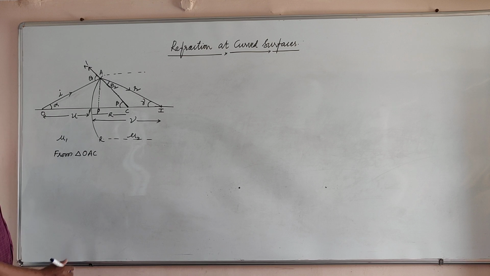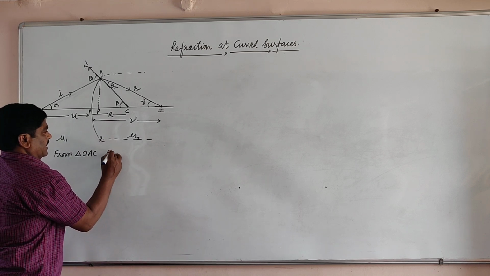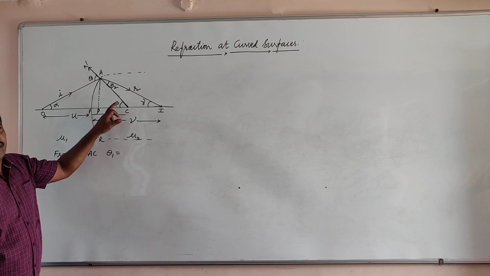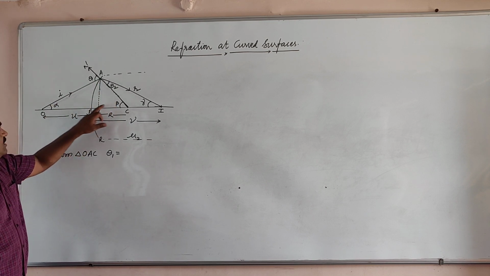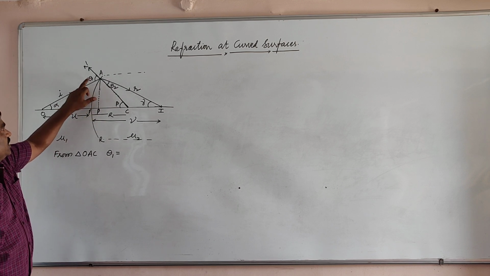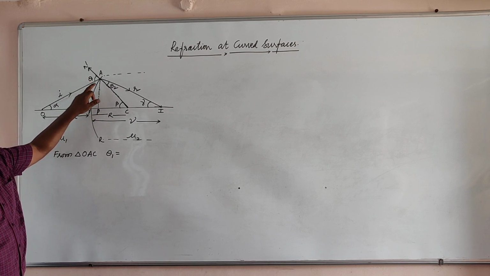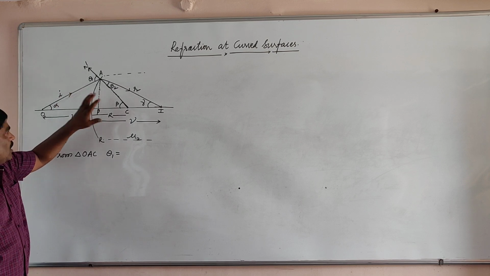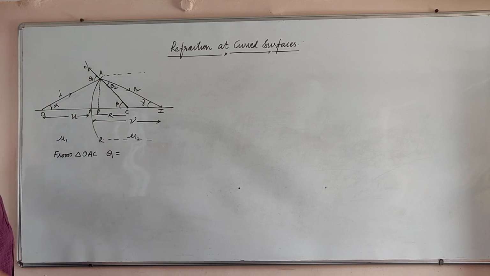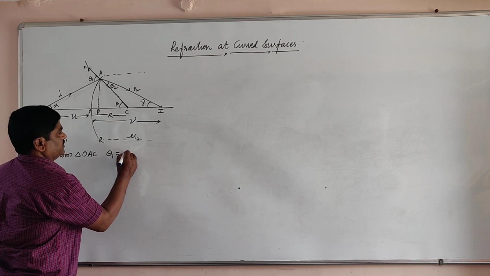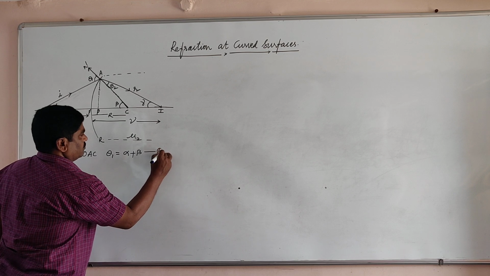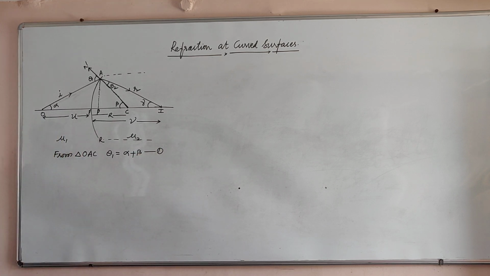Therefore the external angle theta 1 is equal to the sum of the two interior opposite angles, because the sum of the angles in a triangle is 180 degrees and the external angle forms a linear pair with the interior angle. Therefore theta 1 is alpha plus beta. This is equation 1.